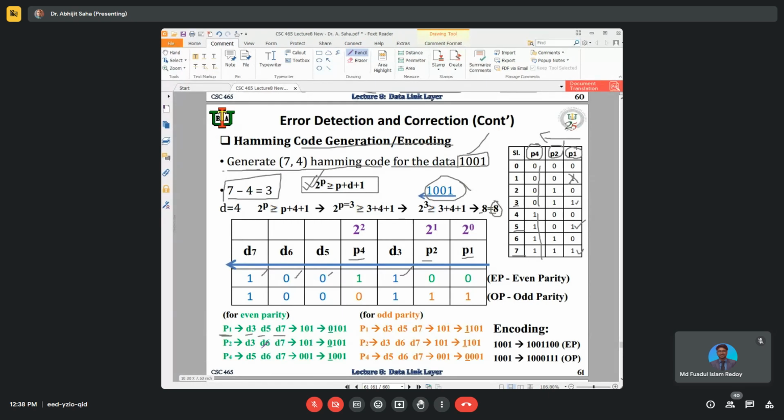Look, here P1 is the number 1 position, so the first one I will not take. Just think that in the column, the first one you do not take.